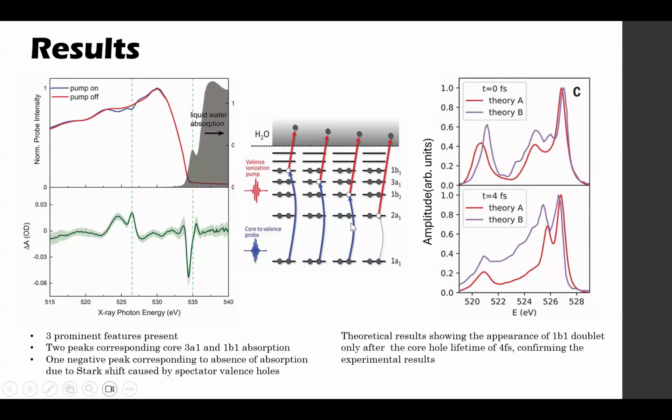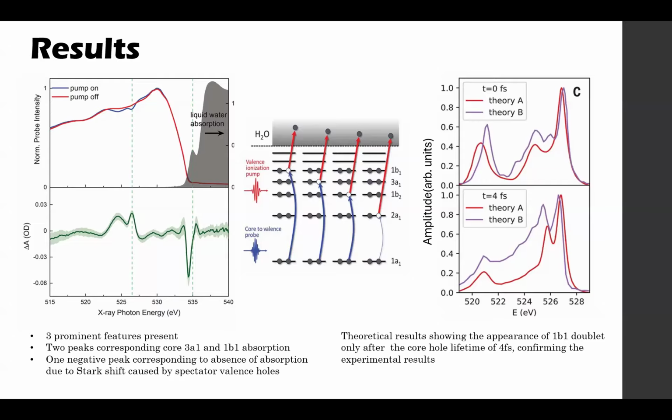But there also lies above that, as I mentioned in the first slide, the 4A1 antibonding, which is the unoccupied orbital. So it is quite possible that due to the probe, electrons from the core can go into the unoccupied orbitals. These unoccupied orbitals get shifted due to the electric field created by the ionized water molecules, and therefore you see a negative peak, because when it was not ionized, there was an absorption, but now there is none.